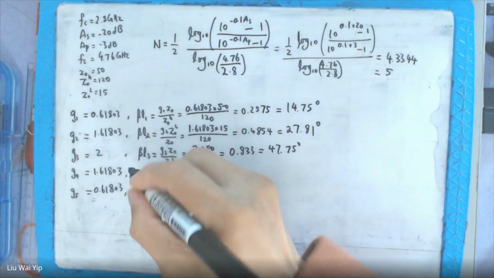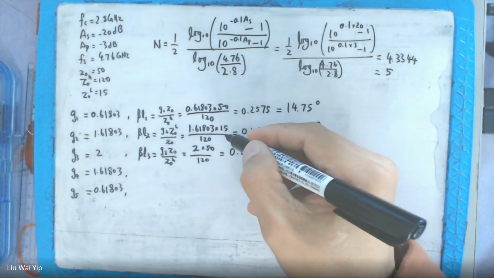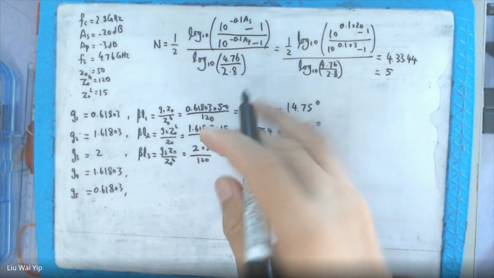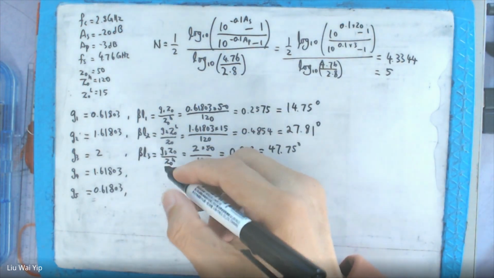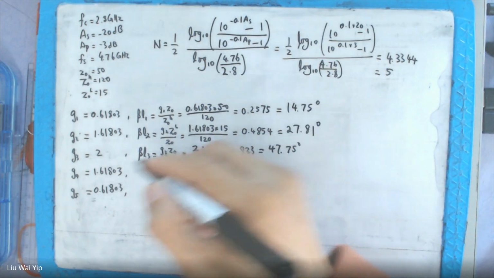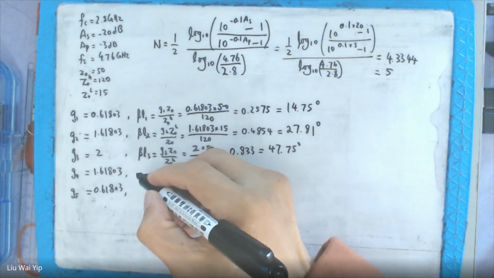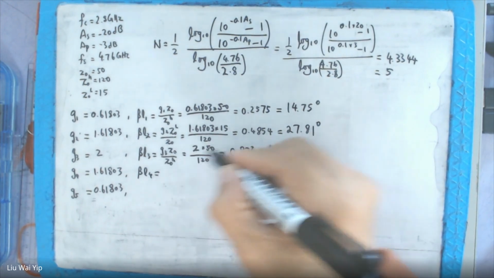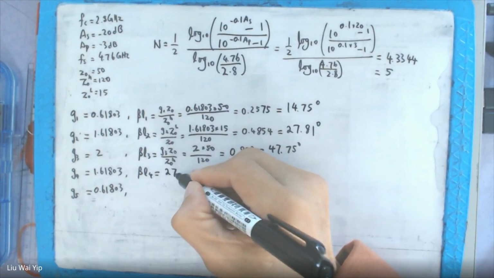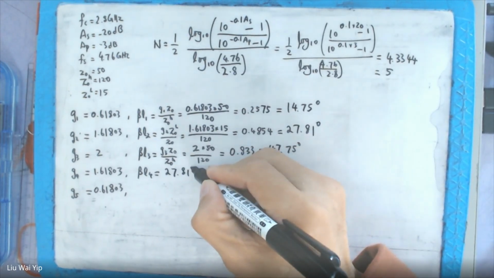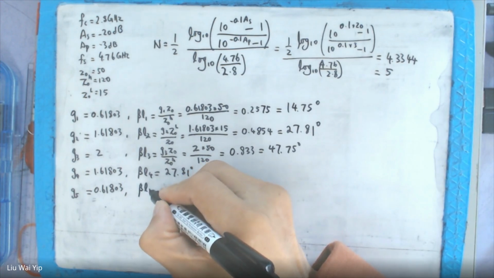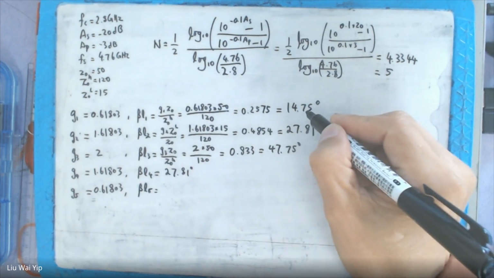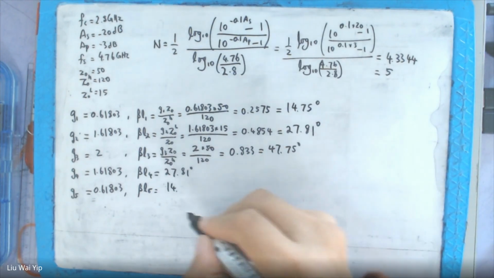And I can tell you G4 will be the same as G2 because the series should be symmetric about the midpoint. So section 4 should be exactly equal to 27.81. And similarly, section 5 will be exactly the same as the first one.